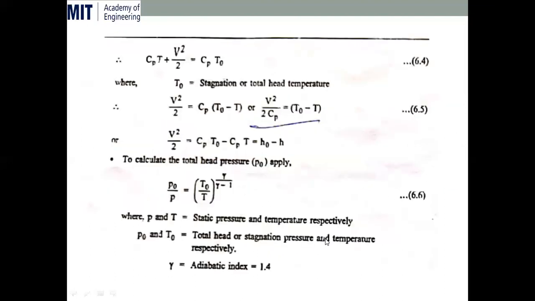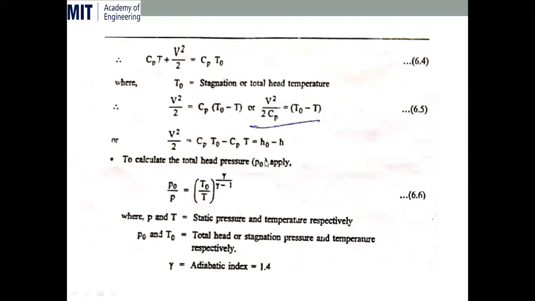Now we have to apply this equation. Similar formulas over here. T0, the stagnation property, is generally denoted by the 0 suffix. So T1 or T2 may be the static temperatures, and 0 indicates the stagnation property.